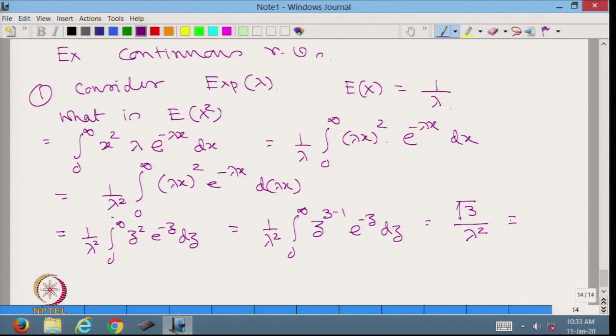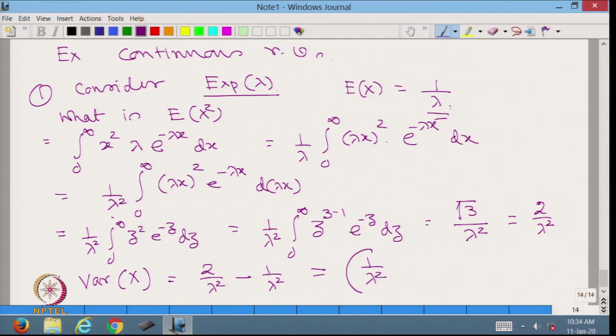Now, gamma 3 is equal to factorial 2, therefore, this is 2 upon lambda square. Therefore, the variance of x when x is an exponential lambda variable is equal to 2 upon lambda square minus the expected value of x whole square, which is 1 upon lambda square, which is equal to 1 upon lambda square. So, this is the variance of an exponential lambda variable.